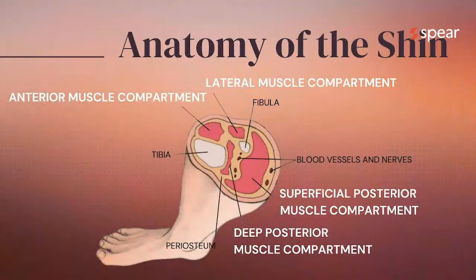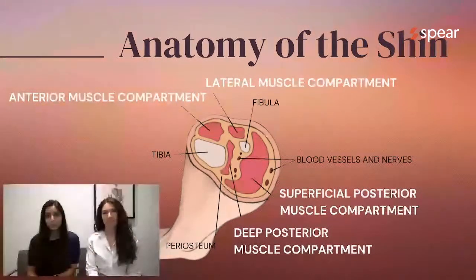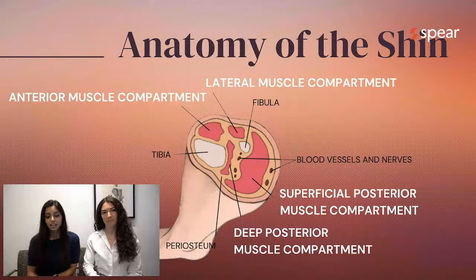So, as you can see from the next slide, before we dive into different types of injuries, I wanted to run through a brief overview of the anatomy of the lower leg. There are multiple compartments: the anterior, lateral, superficial posterior, and deep posterior compartment. Each of them contain different nerves, veins, blood vessels, and muscles.